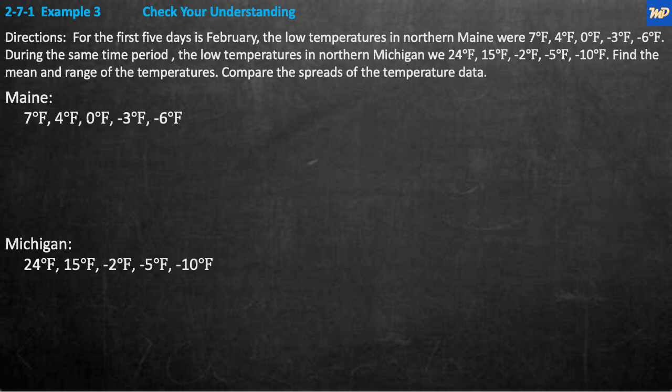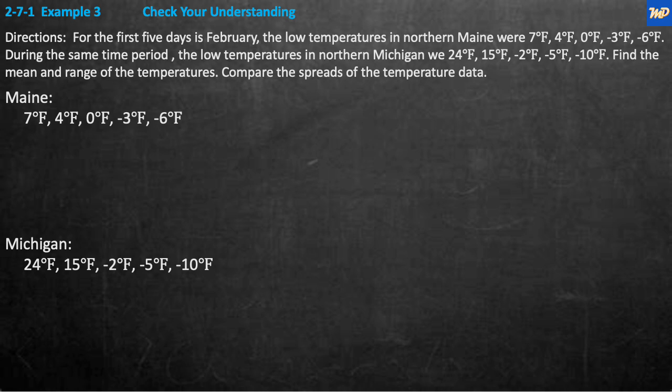For the first 5 days in February, the low temperatures in northern Maine were 7 degrees Fahrenheit, 4 degrees, 0 degrees, -3 degrees Fahrenheit, and -6 degrees Fahrenheit.